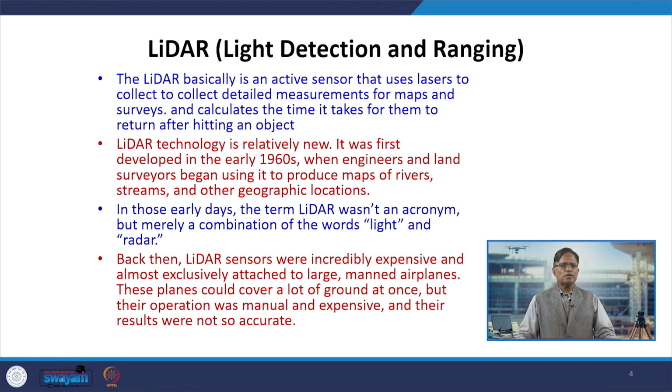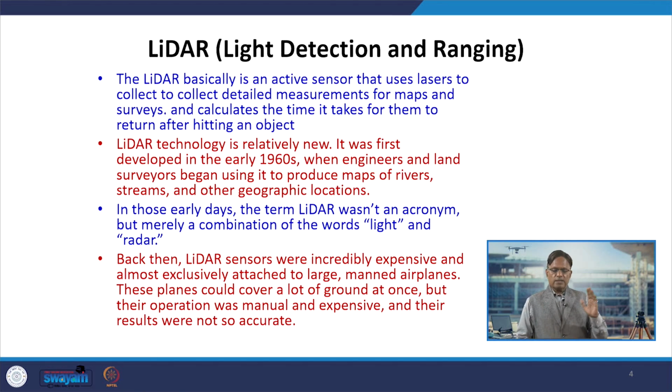LiDAR technology is relatively new. It was developed in the 1960s when engineers and land surveyors used it to produce maps of rivers, streams and other geographic locations. But in those early days, LiDAR was not used as an acronym; it was merely a combination of the words light and radar.